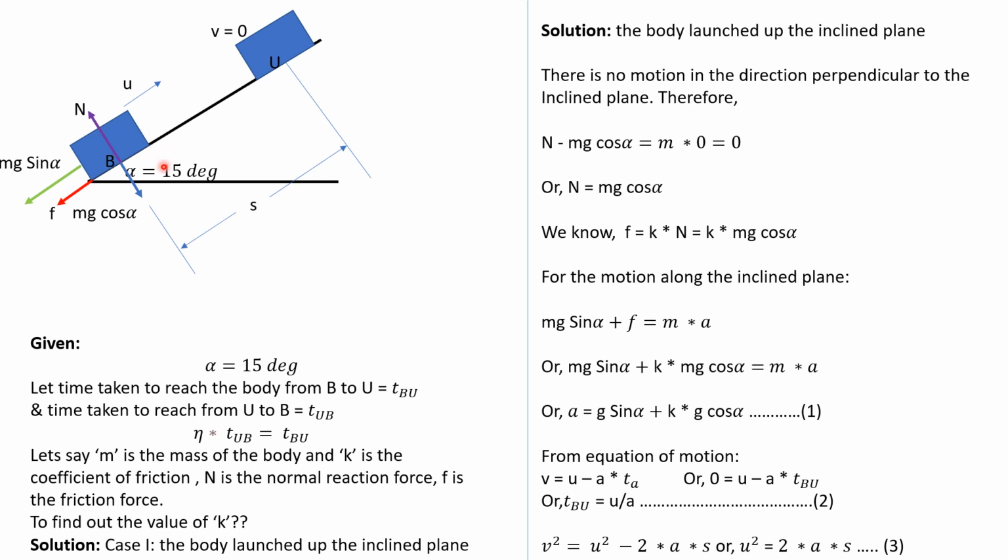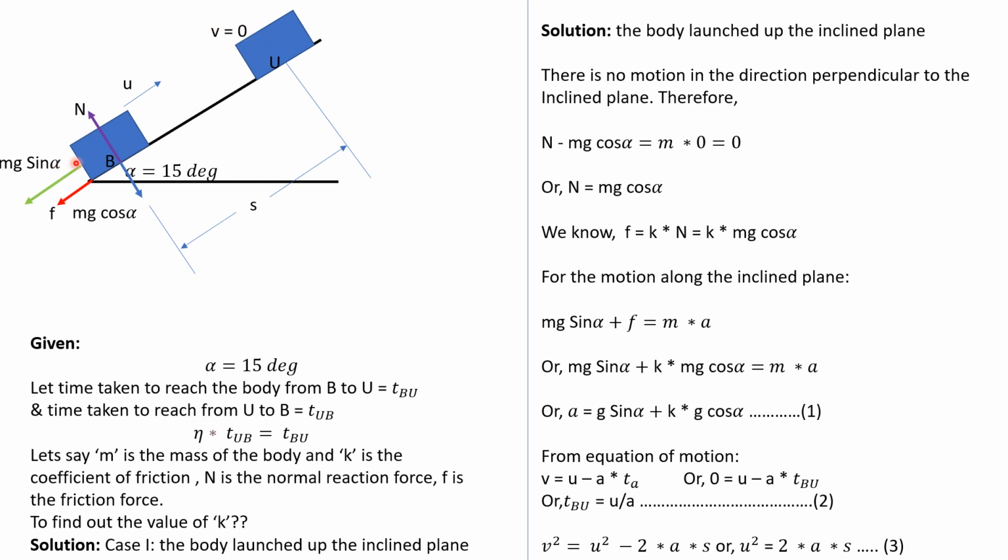So this alpha, the inclined plane inclination, is 15 degrees, which is given. We have shown it in this diagram. The small body, which we have magnified, has been launched from point B up along the inclined plane with an initial velocity u. This body reaches U and stops.